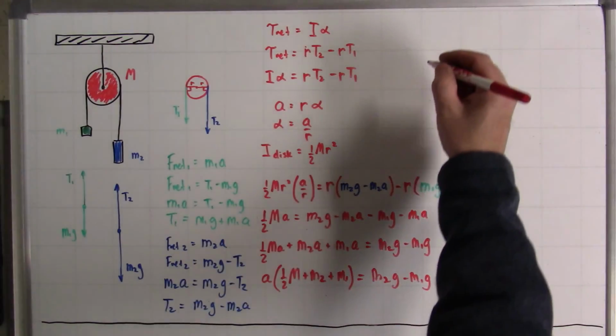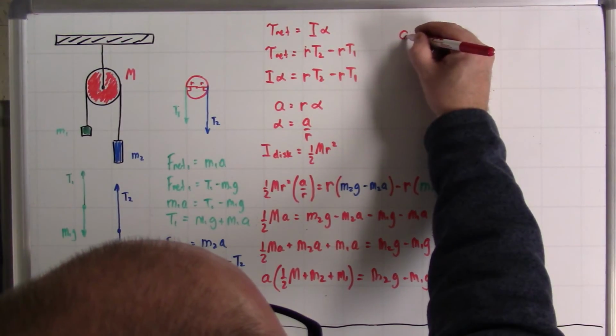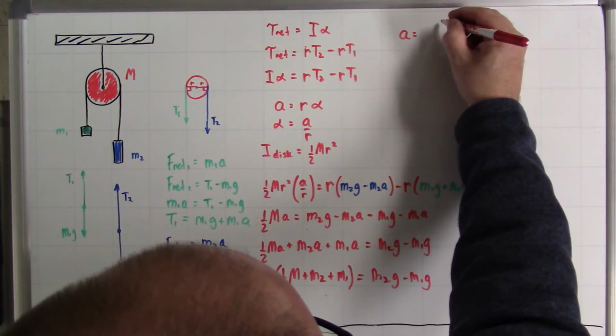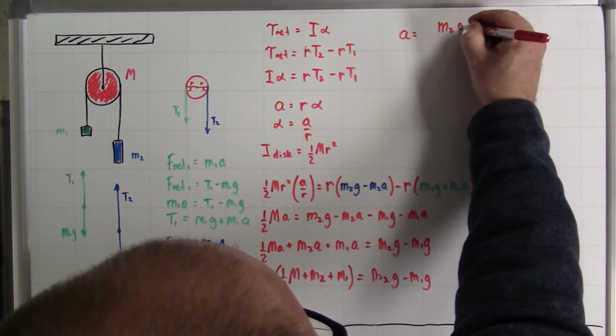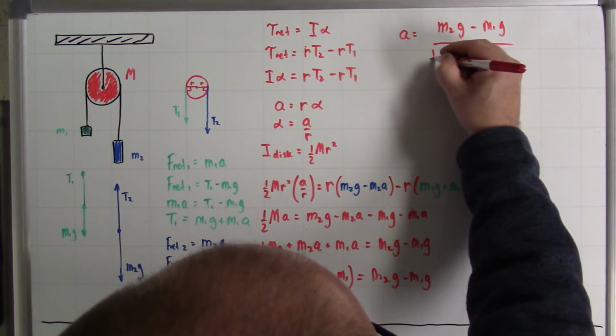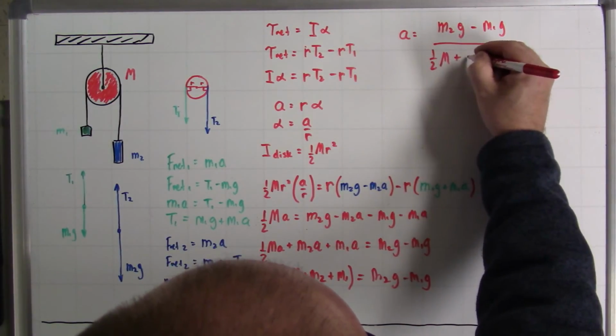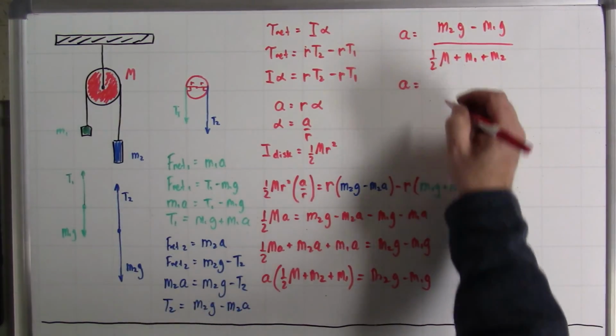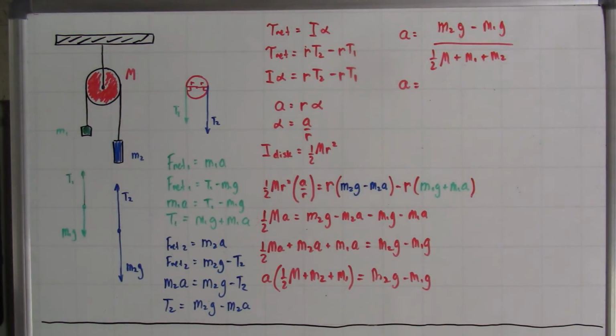According to the problem, it says that M1 is 50 grams and M2 is 100 grams.